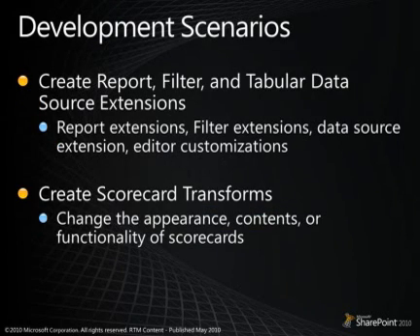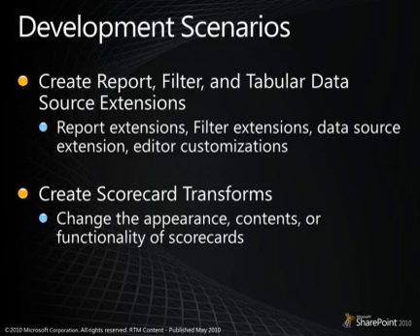There are a few specific scenarios where you might choose to do some custom development for Performance Point. For instance, you may want to implement custom reports that render in a different manner than those available in Performance Point Services out of the box. Following this theme, you might want to create other custom objects or behaviors, such as appearance and transforms used in scorecards.